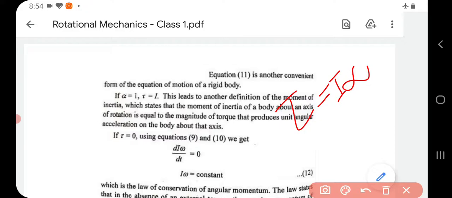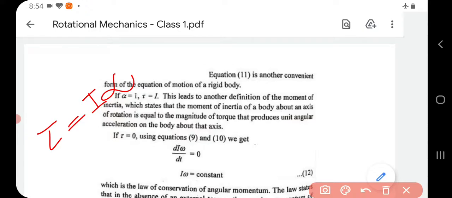That gives you another definition of moment of inertia, which states that the moment of inertia of a body about an axis of rotation is equal to the magnitude of torque that produces unit angular acceleration on the body about that axis. So when alpha is equal to 1, for unit acceleration, your tau will be equal to I. That is, your moment of inertia I will be equal to the magnitude of torque that produces unit acceleration.